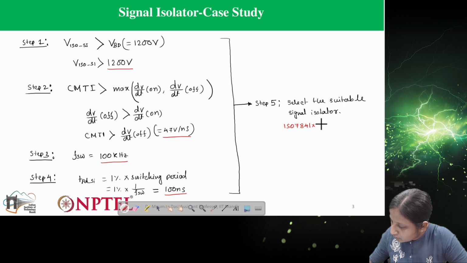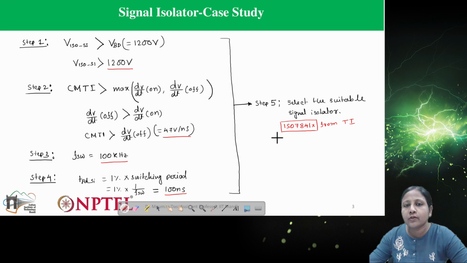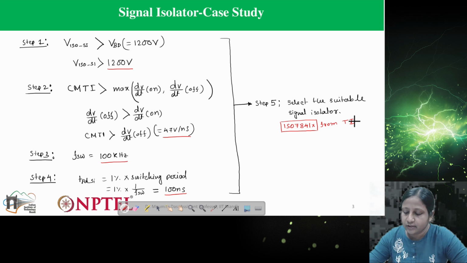This is from Texas Instruments. So this is the signal isolator which satisfies all the required conditions, and this will be suitable for this particular device as signal isolator. Okay, now we got the signal isolator.